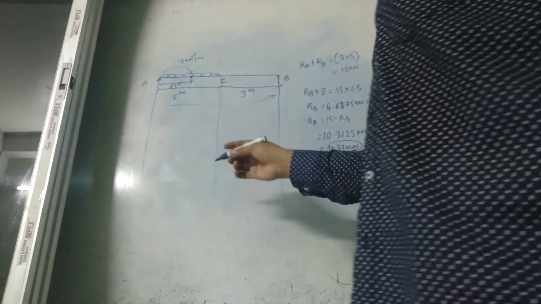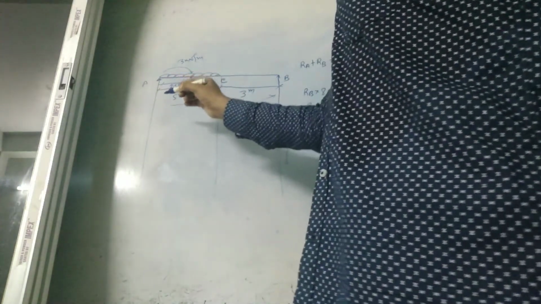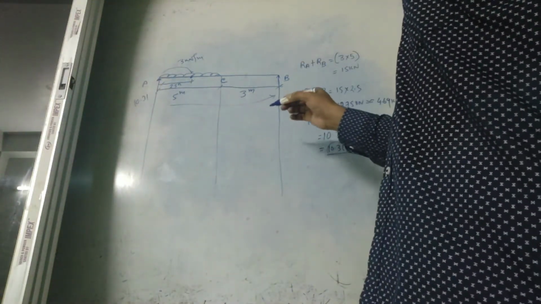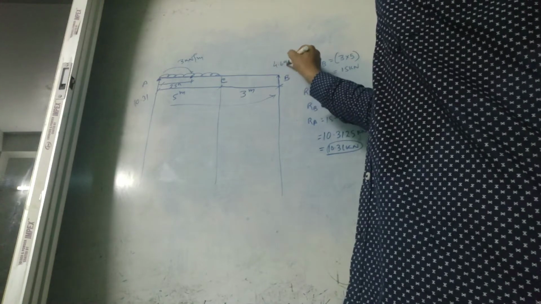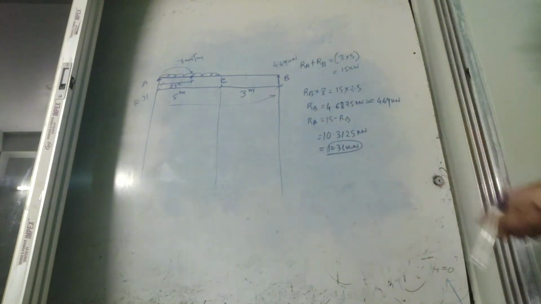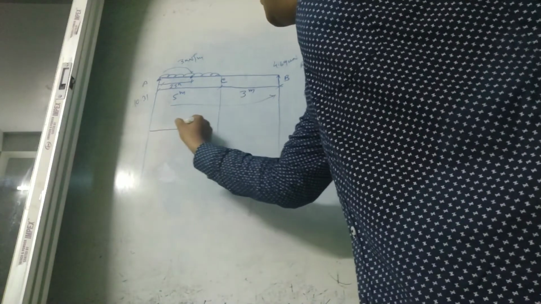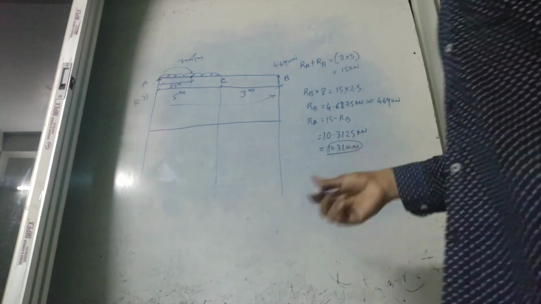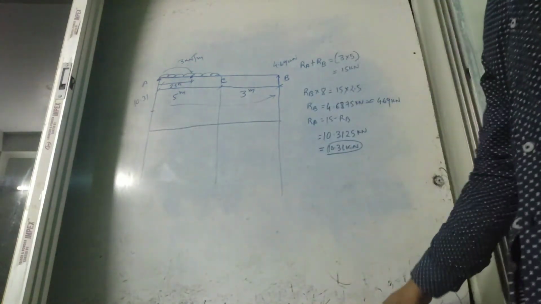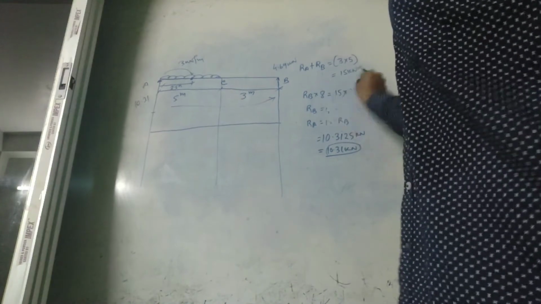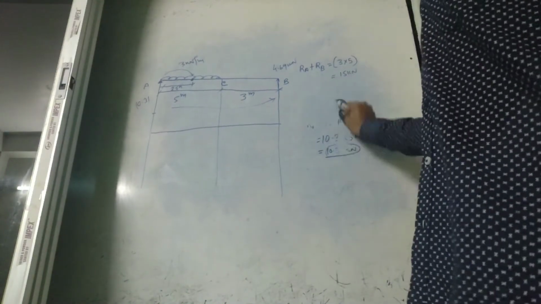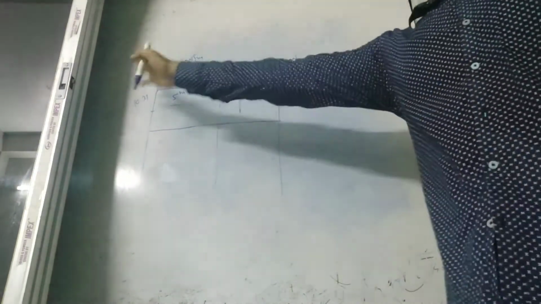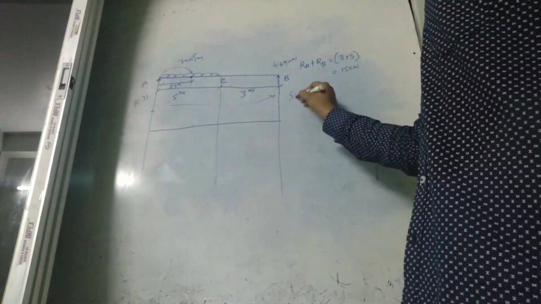So now we go for the shear force and bending moment. RA equals 10.31 kilonewton. RB equals 4.69 kilonewton. Okay. So first, this is line 0. If we go from that side, shear force at left of A is equal to 0. I told you in the last class the shear force at left of A and right of B is always 0. Then our math is okay.